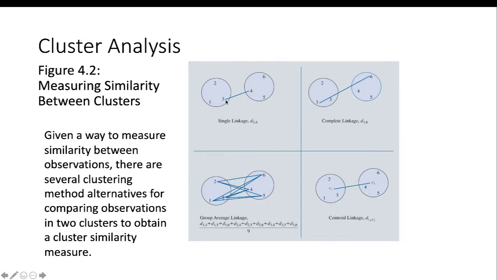So they're the closest. So the single linkage will consider two clusters to be close if an observation in one of the clusters is close to at least one observation in the other cluster. However, the cluster formed by merging two clusters that are close with respect to single linkage may consist of a pair of observations that are very different.